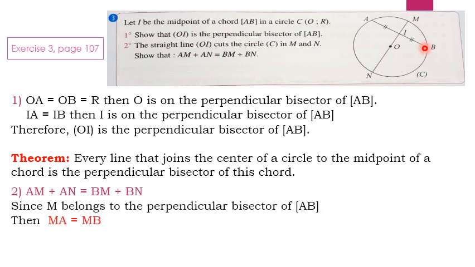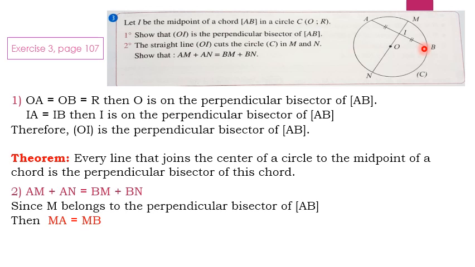And now what? Since M belongs to the perpendicular bisector of AB, then I can say that MA equals MB. Now, what about AN and BN? N is a point on the perpendicular bisector of AB, then NA equals NB, since any point on the perpendicular bisector is equidistant from both extremities of the same segment.